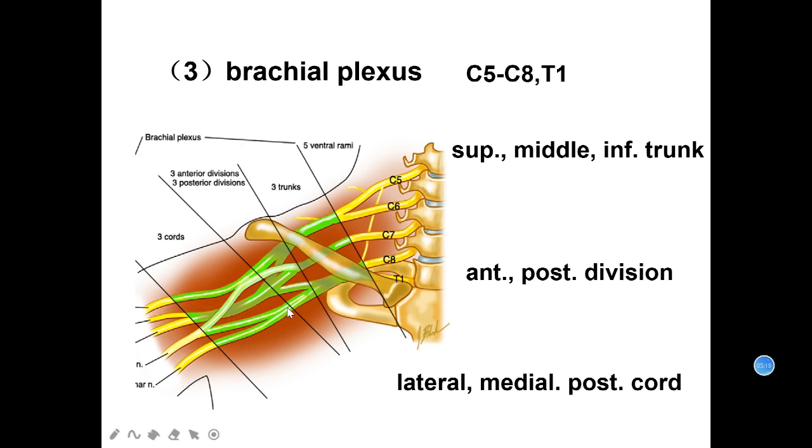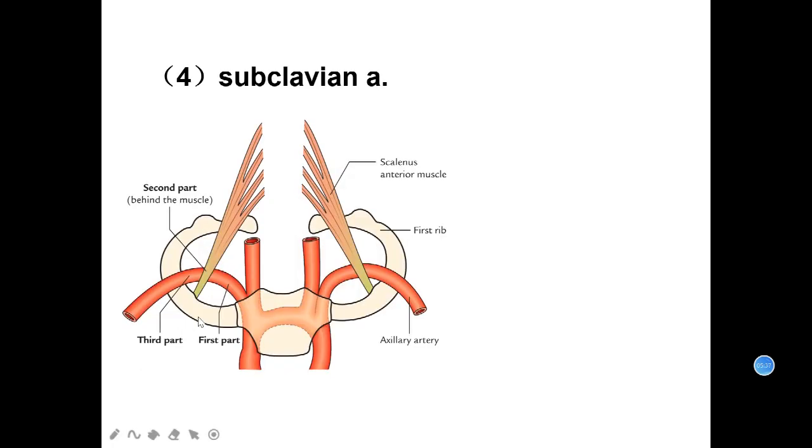The medial cord is from the anterior division of the lower trunk, and the posterior cord is from the three posterior divisions. Okay, the brachial plexus is very big, from this scalene fissure then to the axilla. Its branches are very rich, distributed to the upper limb.